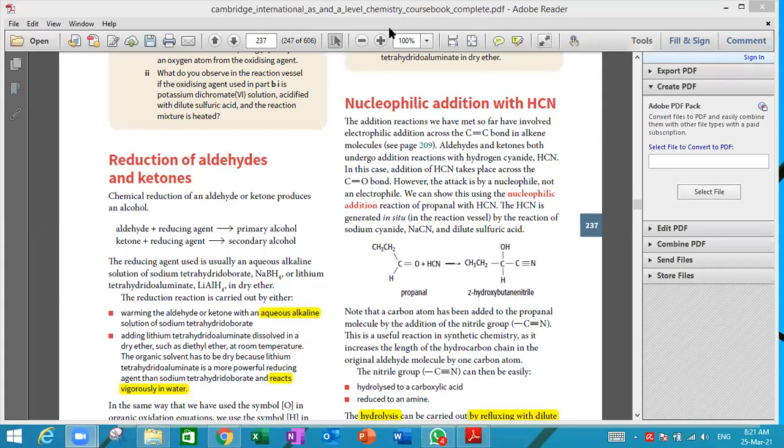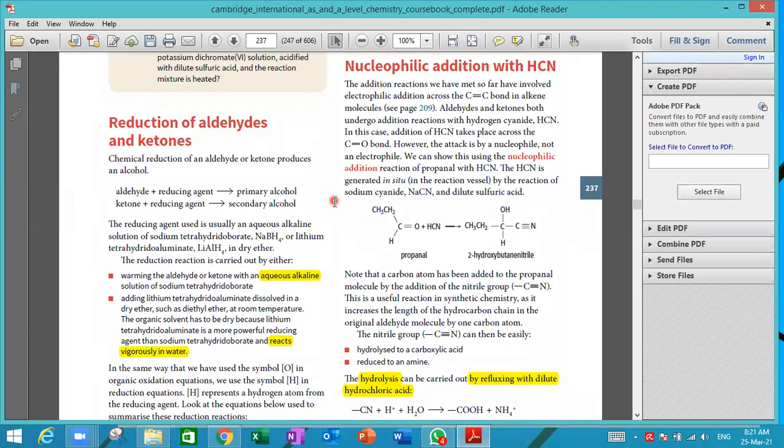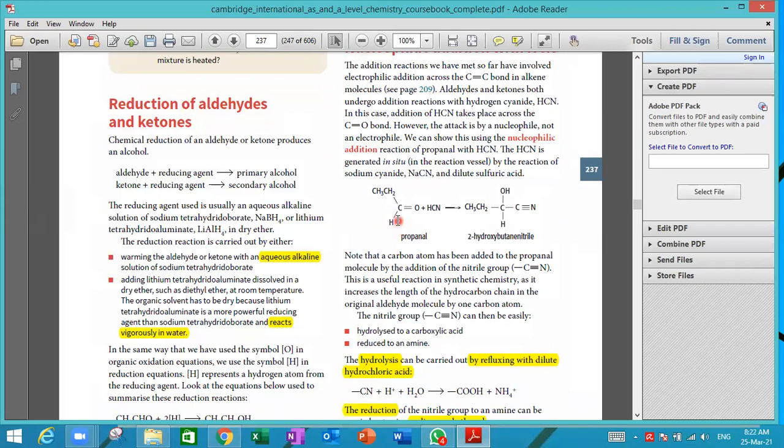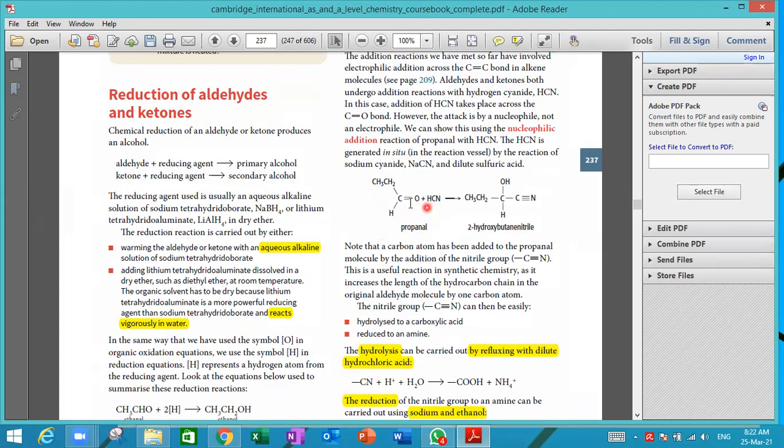So here, as I told you, this is the nucleophilic addition of HCN. If we started with propanal, for example, CH3CH2CHO plus HCN, then the C double bond O bond will be broken, forming an OH, and this is the hydrogen, and the cyanide group will enter here, and we call it a nitrile.